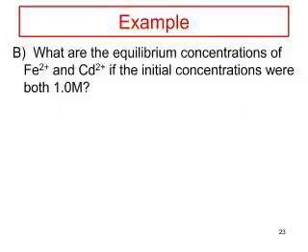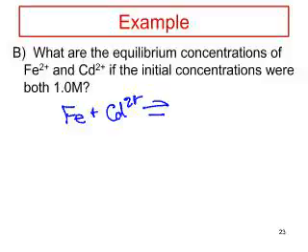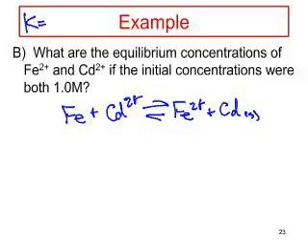So here we go. We've got our reaction. Iron plus Cd2+ is going to go reversibly to give us iron 2+ and Cd solid. Now, really quick, guys, if we wanted to write the form of the equilibrium constant for this reaction, K is going to be equal to, if you look at the products, we have iron 2+ and cadmium.